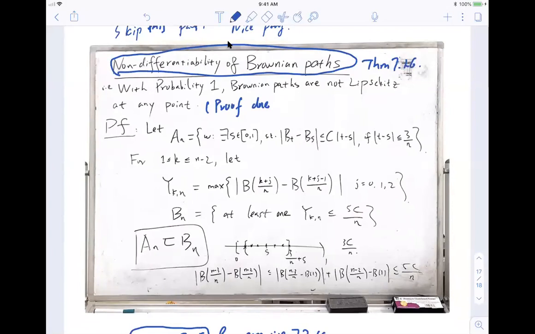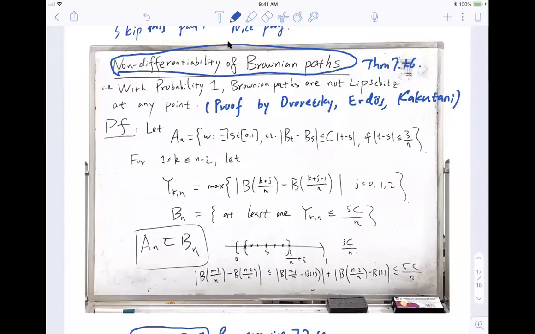This basically says that almost every typical trajectory of Brownian motion is nowhere differentiable. The proof is by Dvoretzky, Erdős, and Kakutani. But of course, the first proof is due to Paley, Wiener, and Zygmund.